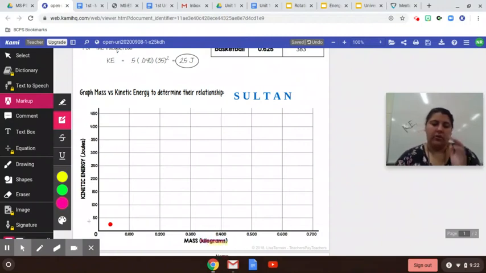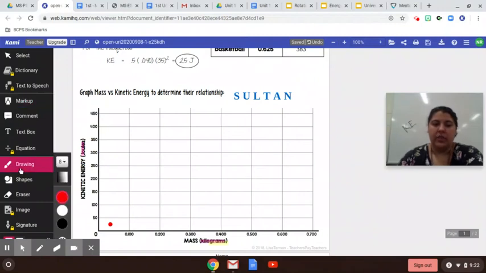Okay, now on our y-axis, our scale, we go from 0 to 50 to 100 to 150. So the scale here is going to be 50. And our units are what is called joules. That is how you measure kinetic energy, is by joules. Okay, so we have our scale, our units, our labels.